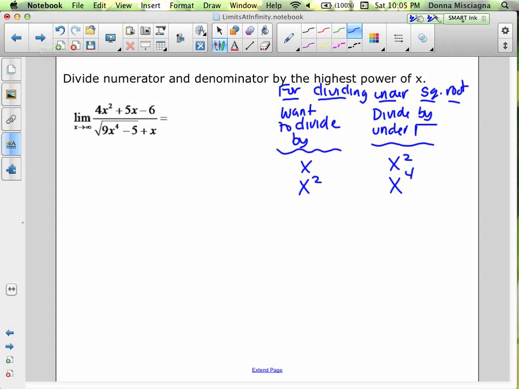Notice that, and actually I should put a radical here. So make sure that's under the radical. If we're dividing by x squared, we're dividing by the square root of x to the fourth.